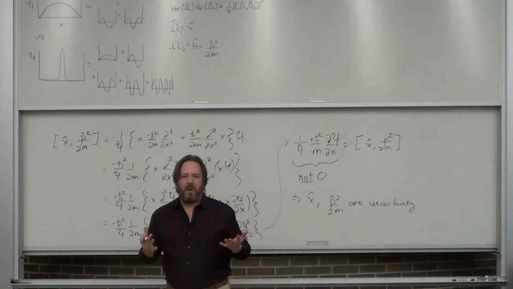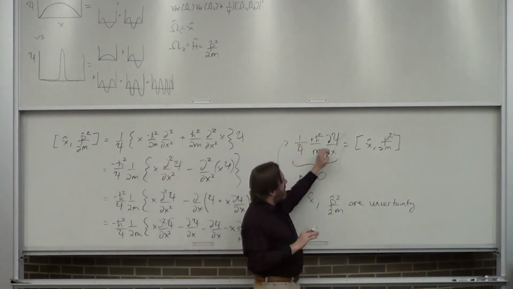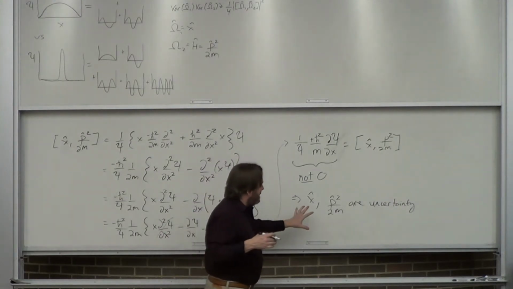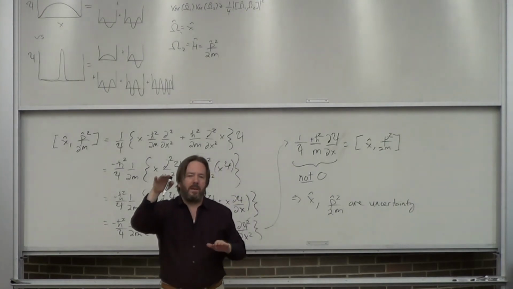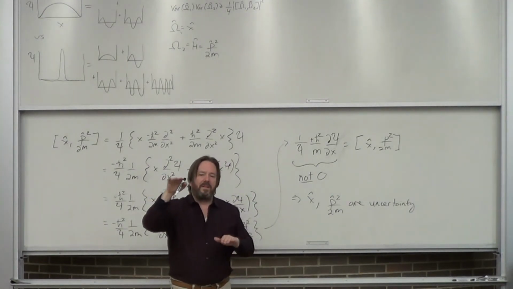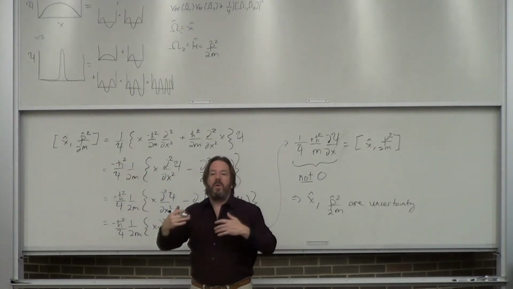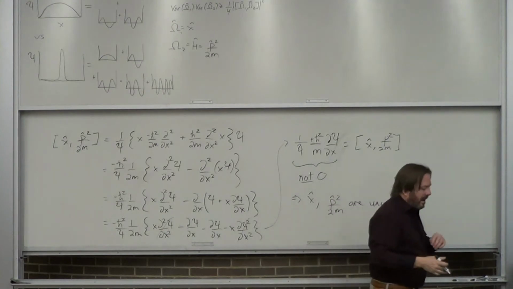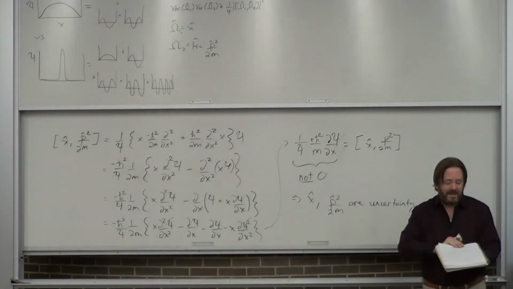I want it to be like h bar squared over 4, something like that. But it didn't come out that way, but it's still not 0. And again, that definitely means that there's an uncertainty principle. The more certain I am in position, the less certain I am in energy. And if I'm less certain in energy, then I have more energy. We've seen examples here, and we saw an example in the little video. It all makes sense. Even when your approach is very different, it all makes sense and it's all consistent.